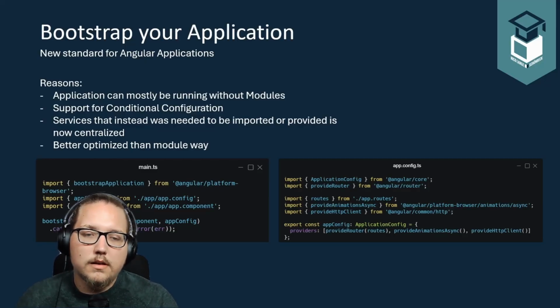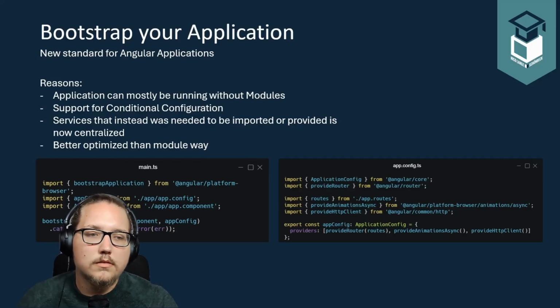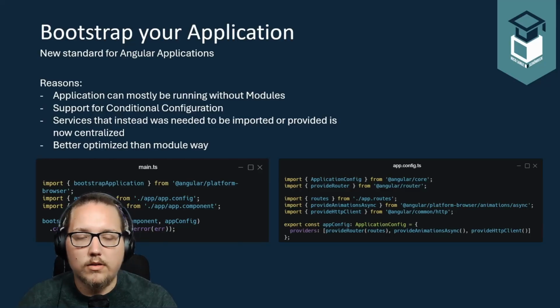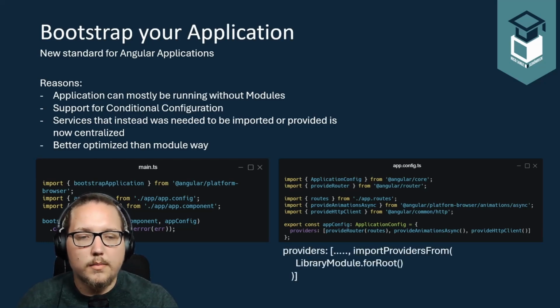Sometimes you will come to points where the library does not have this option at the moment because it's not adjusted for Angular 17 and 18. And here you can use importProvidersFrom. That's a function that comes from Angular.